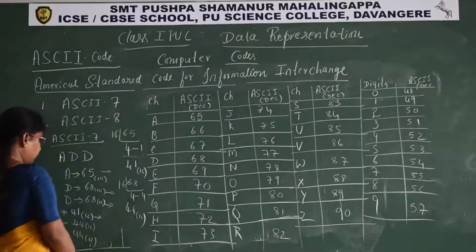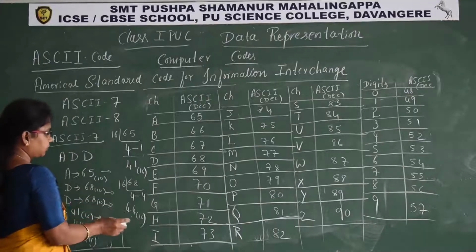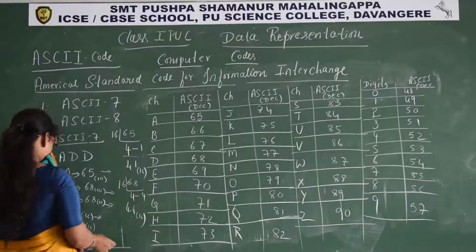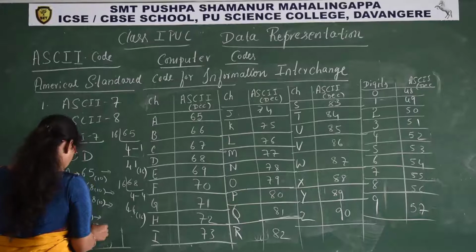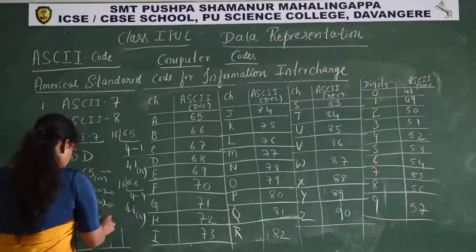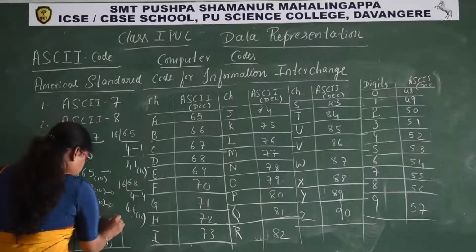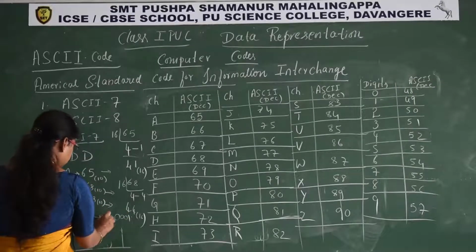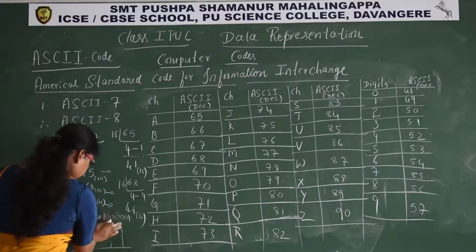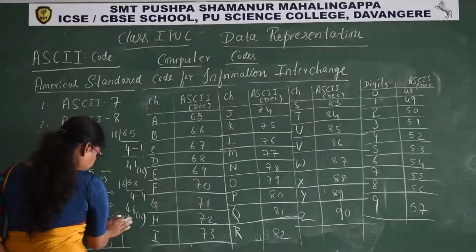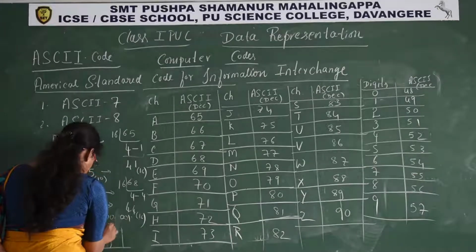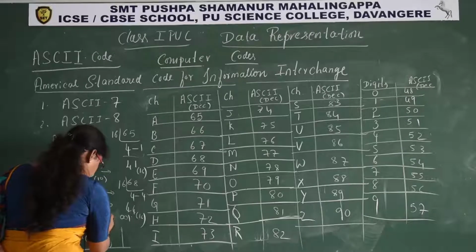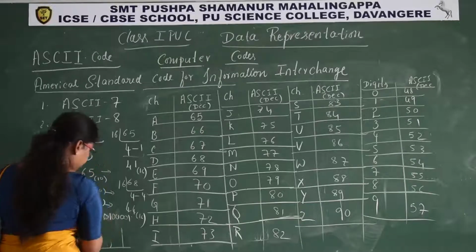How to write one in 4-bit? 0 0 0 1, and 4 is 1 0 0, sorry, 3 bits, this is first 3 bits, next 4 bits, 0 1 0 0.